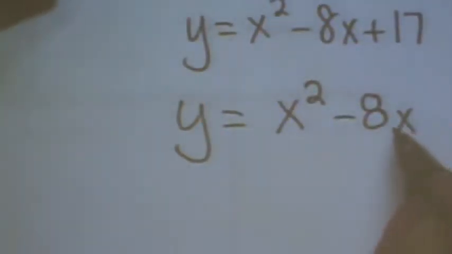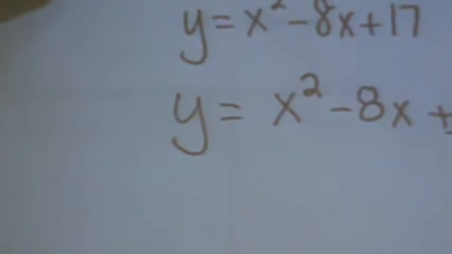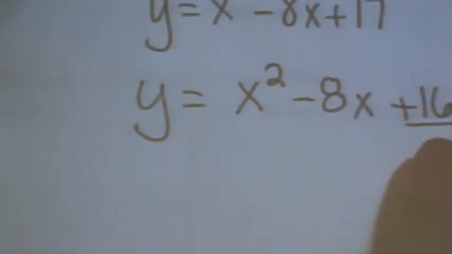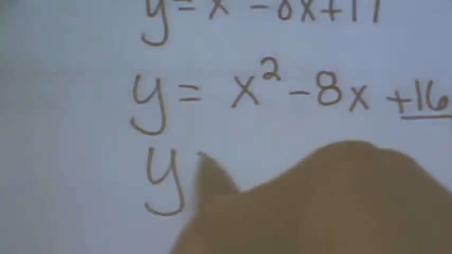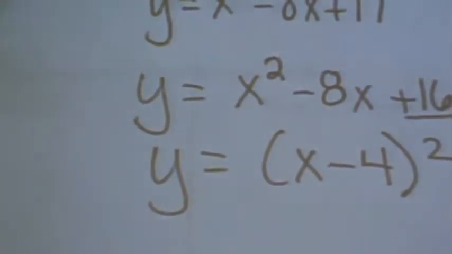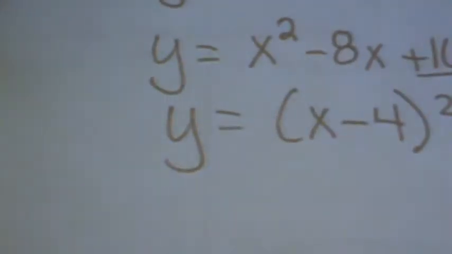You're going to take half of -8, which is -4, and square it. You're going to add 16, but take 16 away, because these two add to be nothing. Factor. Combine these. So your vertex is 4, 1.